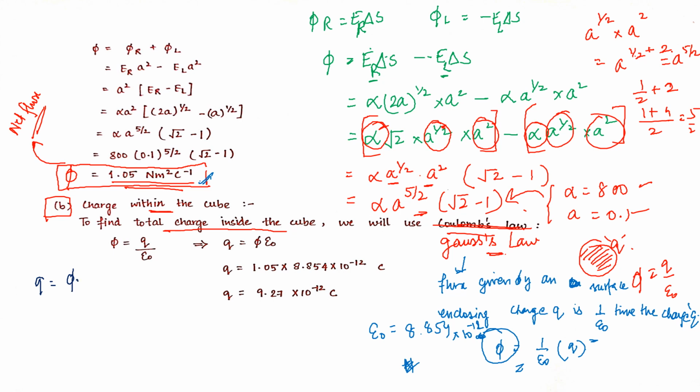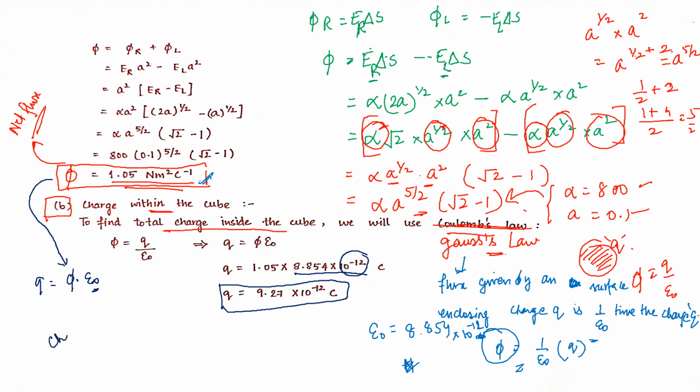xi into epsilon naught. Xi's value is coming from here and epsilon naught's value is constant, that is 8.854 into 10 to the power minus 12. So we will multiply these and we will get the charge. So what is the charge? Charge contained by the system is 9.27 into 10 to the power minus 12 coulombs.